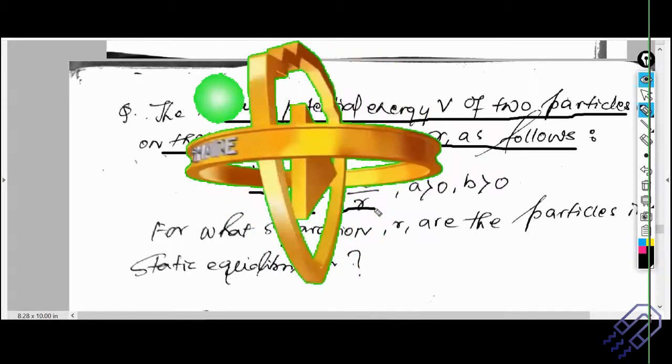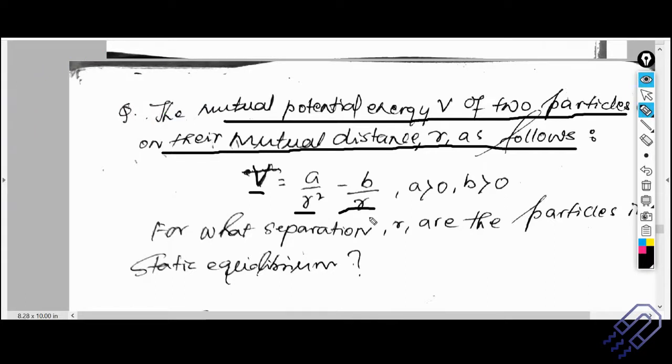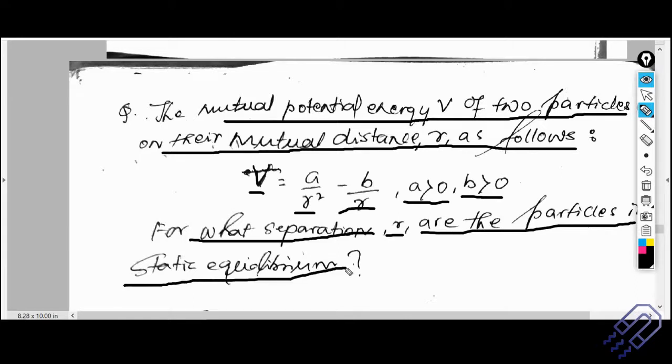This is also a central force problem, because the potential is dependent on r, and the forms are always different. Here a is greater than 0 and b is greater than 0. The question is, for what separation r, the separation distance, are the particles in static equilibrium?